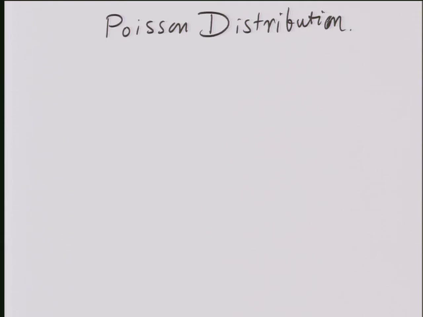Okay, so here's what the Poisson distribution is about. Here's one way to think about it. We are thinking about a Geiger counter, right? So you have some radioactive decay, and every so often a particle is emitted.